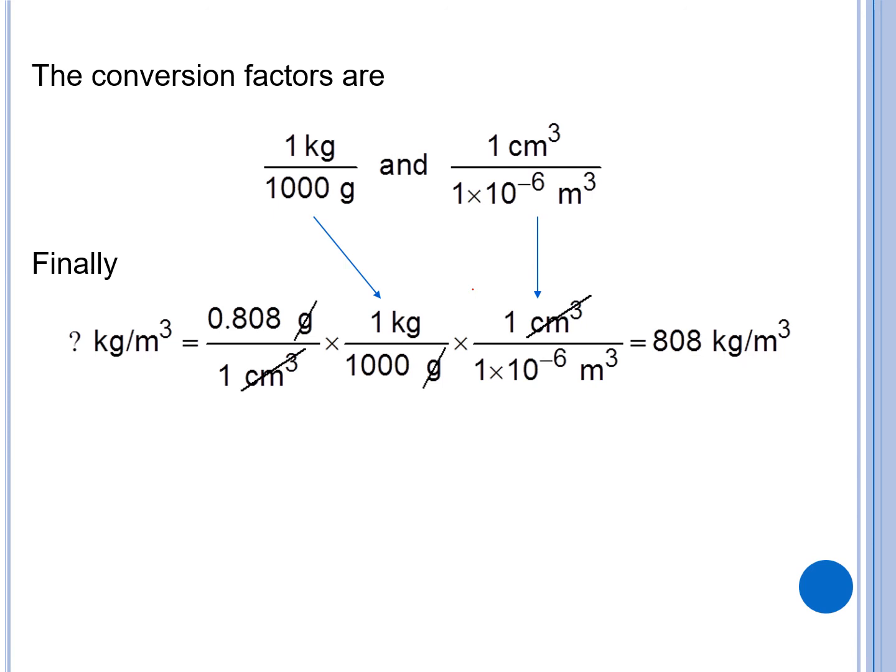Gram times 1 kilogram over 1000 gram, so gram cancels and you have kg. Don't forget you have gram per centimeter cubed, so multiply by 1 centimeter cubed over 10 to the minus 6 meter cubed. The units cancel and the rest is kilogram per meter cubed. You calculate, and the answer will be 808.